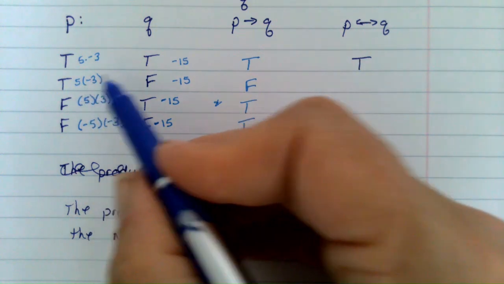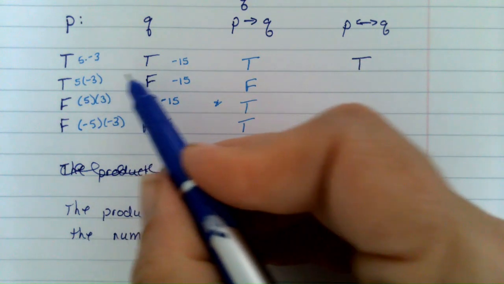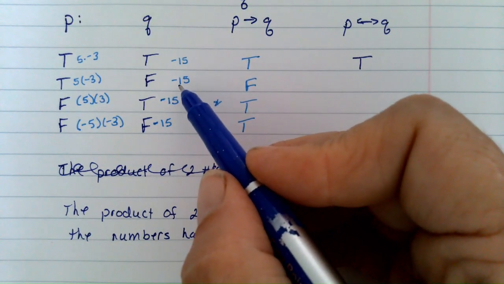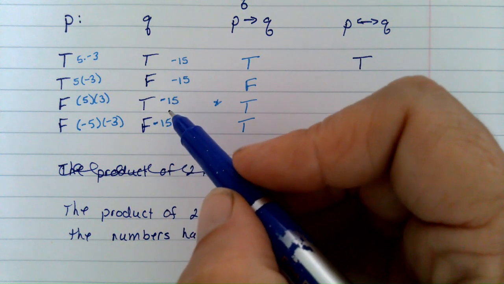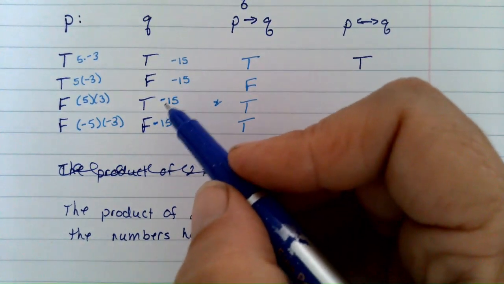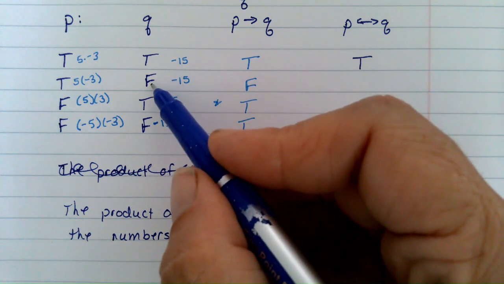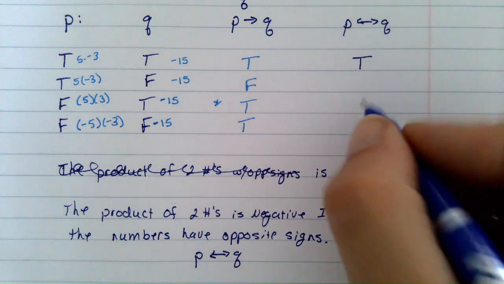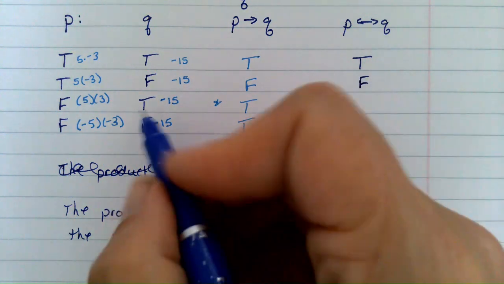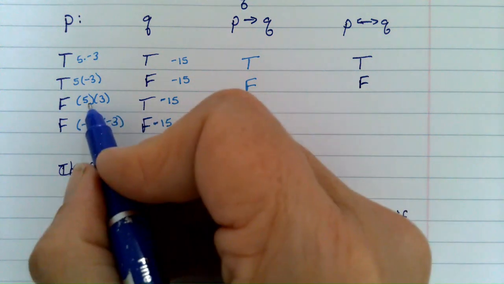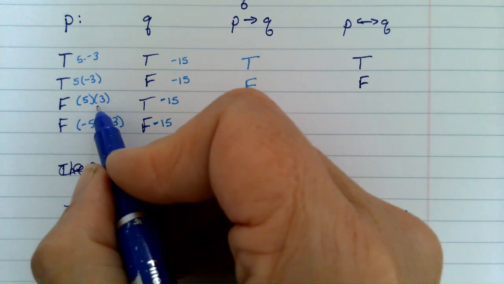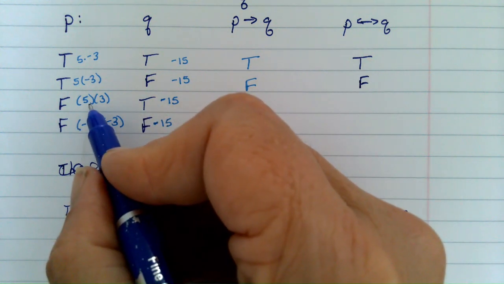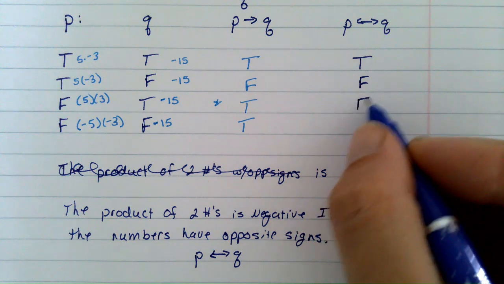If they had different numbers, but they're not negative. Okay. So here, this is saying Q is supposed to be false, but Q is true. Okay. Negative 15 is negative, but these don't have opposite signs. So while this was true, this was not matching our perfect statement, so we can't do that.